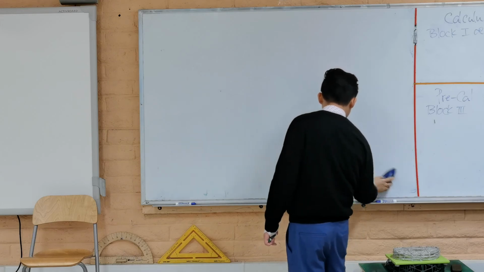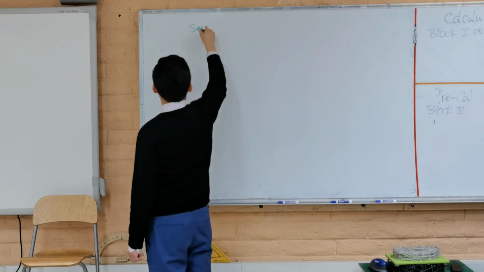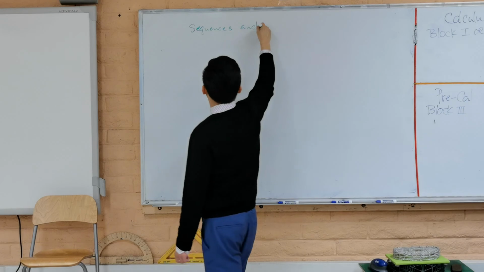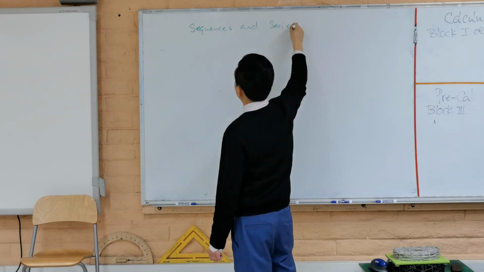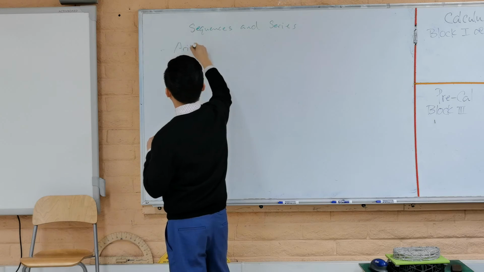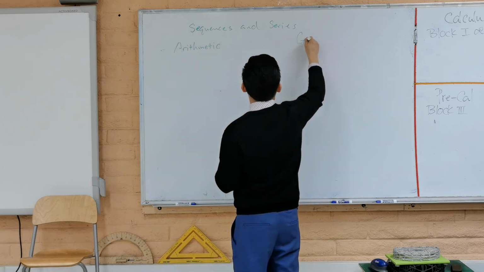So for sequences in series, normally we do have two different types of sequences. One is considered arithmetic, and the other one is called geometric.